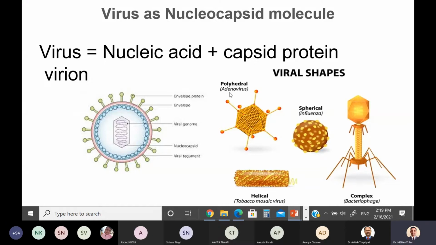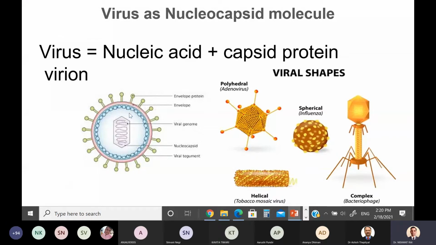If you see the structure of a bacteria, you will find a layer of peptidoglycan present in the cell wall, and it gives rigidity, shape, and a particular arrangement to a bacteria.